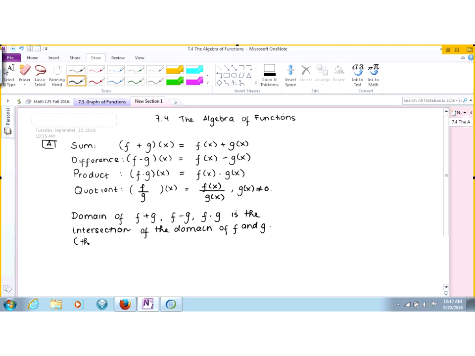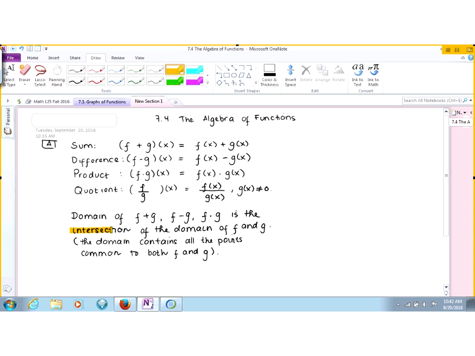It means the domain contains all the points common to both F and G. All right. All the values common to both F and G.